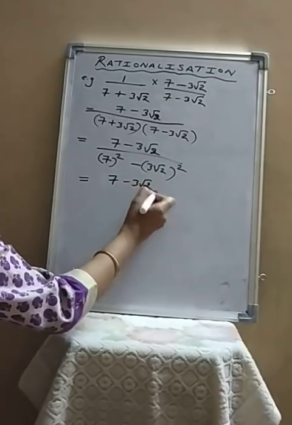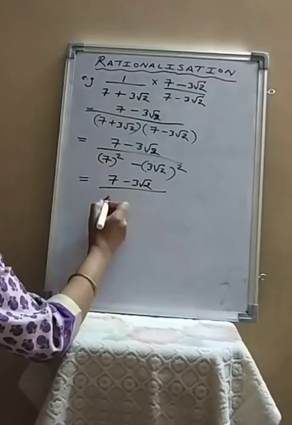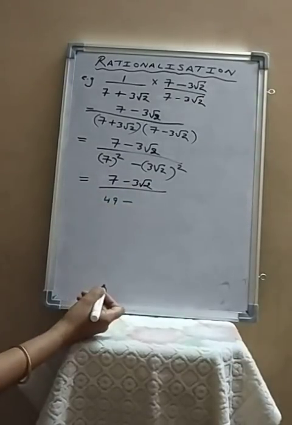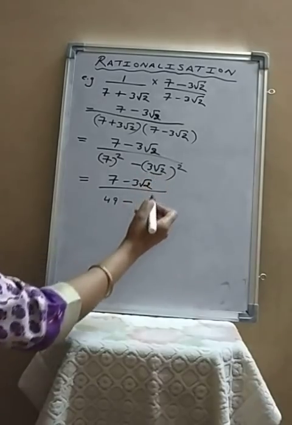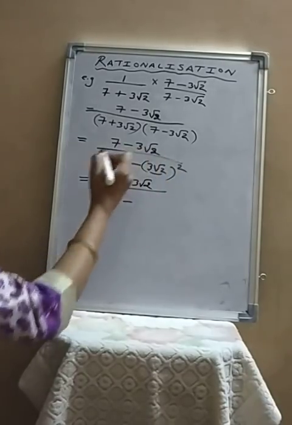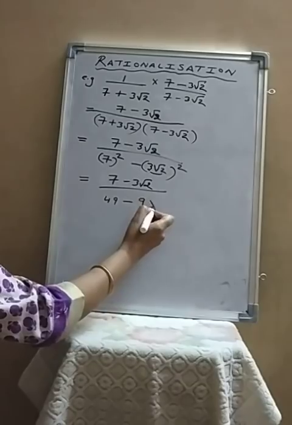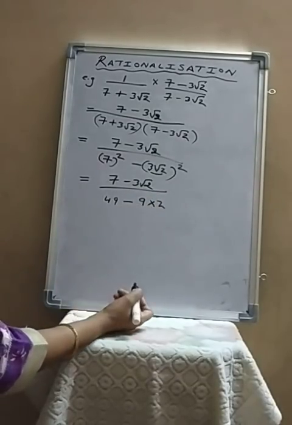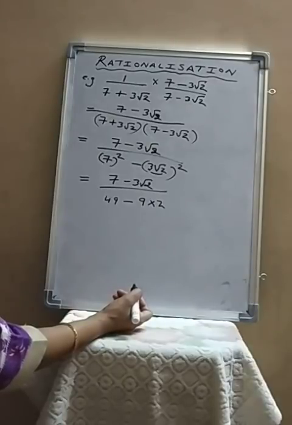3 root 2. So 7 square is 49 minus. For this, what you are supposed to do? 3 square is 9 and root 2 square is 2, so we have to multiply both of them.